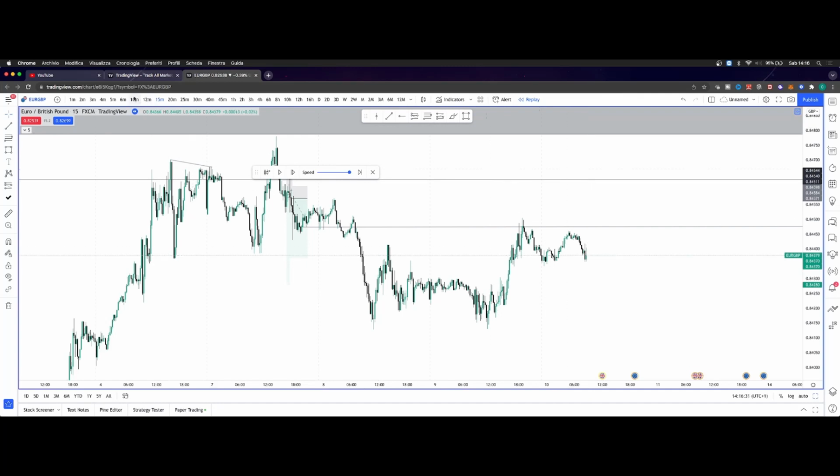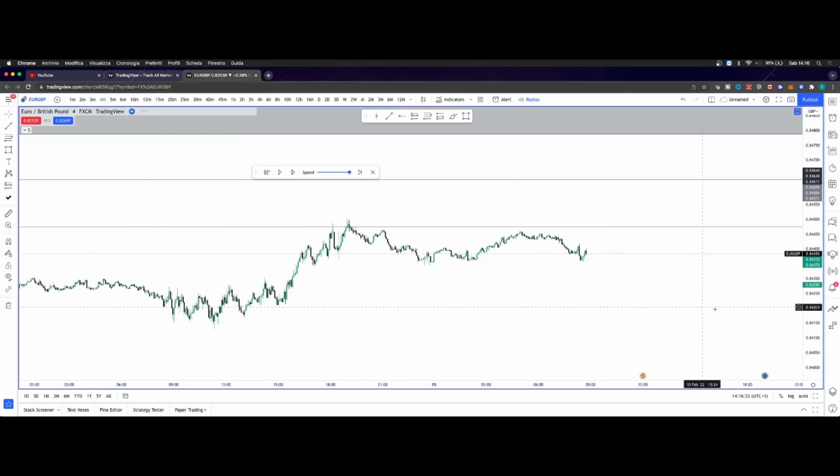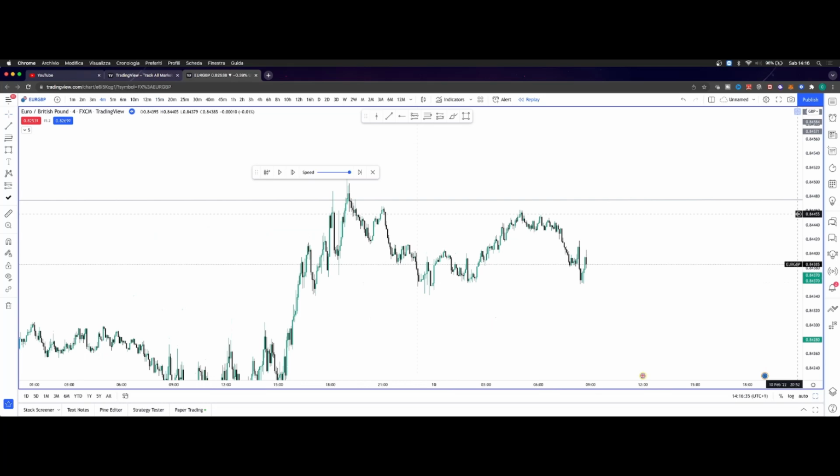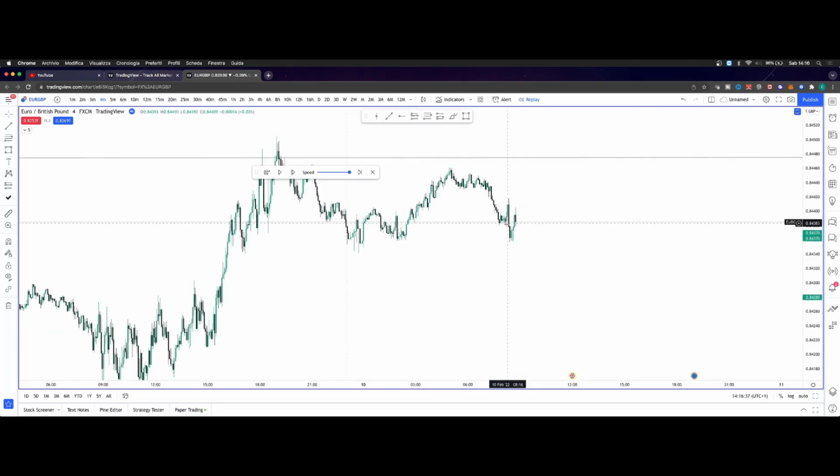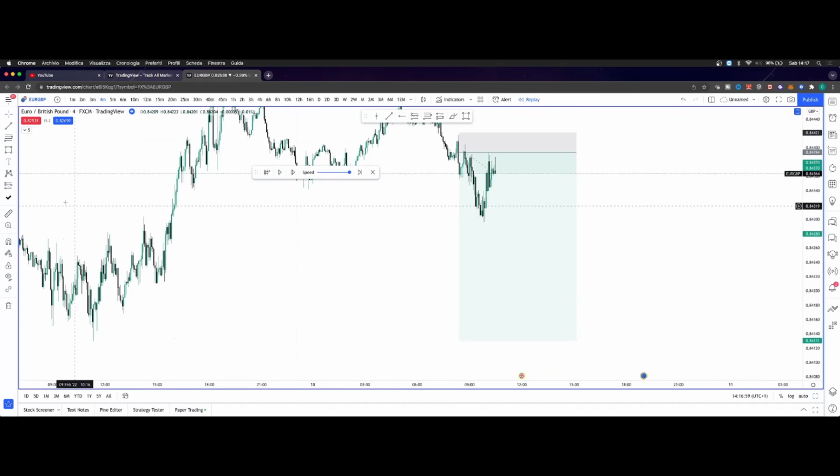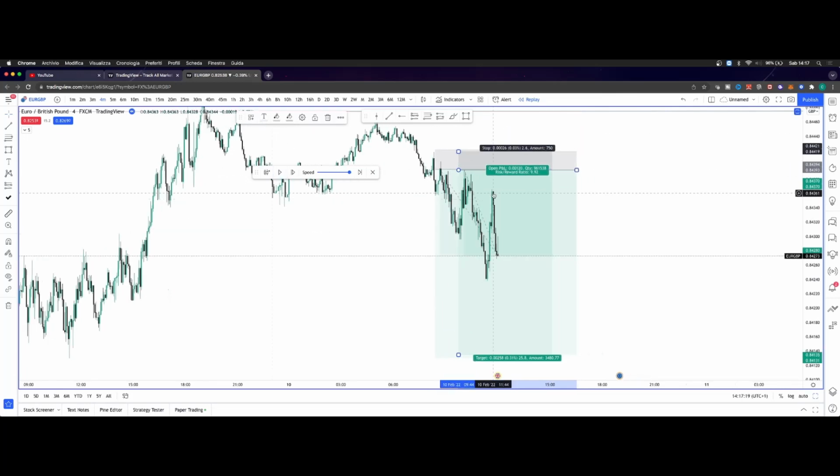Okay, open London. Let's go on entry time frame. And again, look, inducement, strong movement to the downside, pullback. This is my entry. Another entry. Another entry.